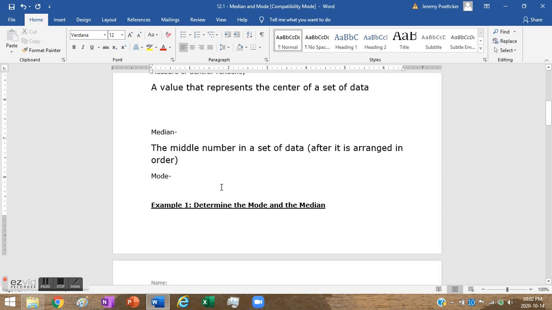And then finally, that brings us to the mode. The mode in a data set is the most commonly or most frequently occurring number.